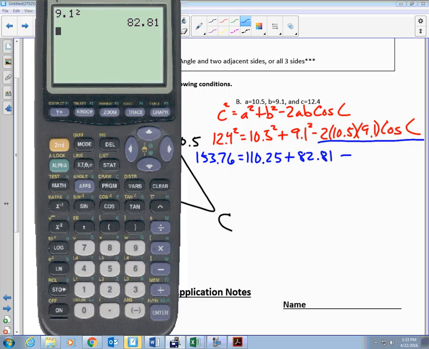We multiply it out. 2 times 10.5 times 9.1 is 191.1, minus 191.1 cosine of C.